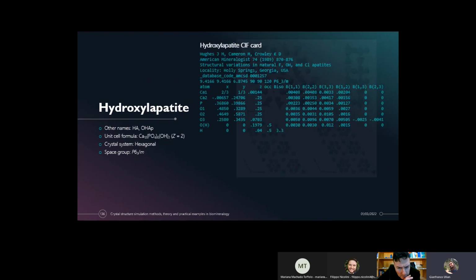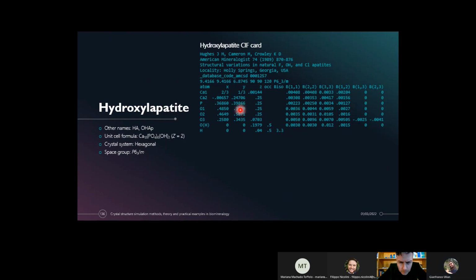It is nice to see from a crystallographic point of view that there are some cards called CIF cards. CIF stands for crystallographic interchange format. This is a textual representation of the system. You have your space group, your lattice parameters a, b, c, alpha, beta, and gamma, and the positions of the atoms.